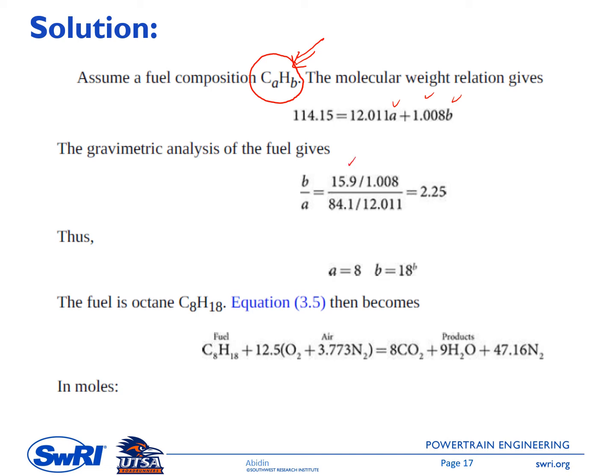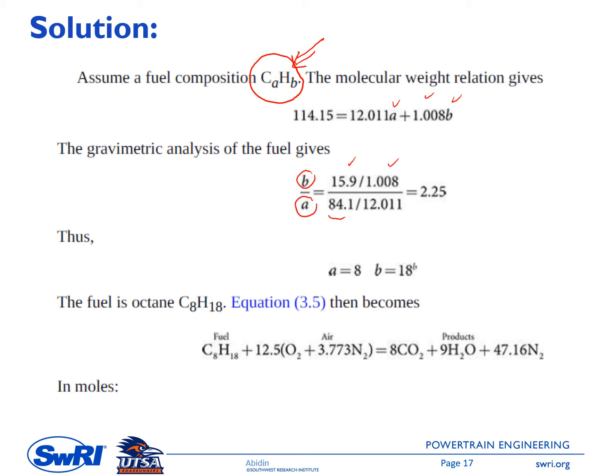In this case, we have 15.9% by mass hydrogen. So we can assume that we have 100 grams, or 100 kilograms, of the fuel, and then 15.9 kilograms or grams is hydrogen, and 84.1 kilograms or grams is carbon. And then if we divide this mass by the molecular weight, we get moles, so here is the ratio between the mole of hydrogen to the mole of carbon.